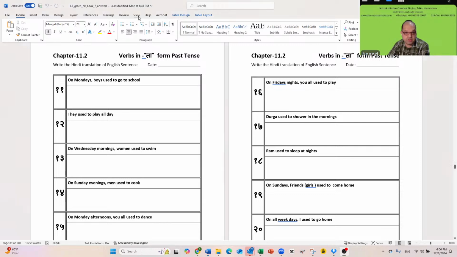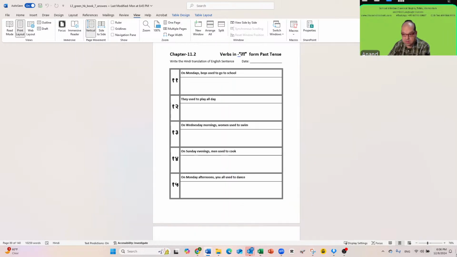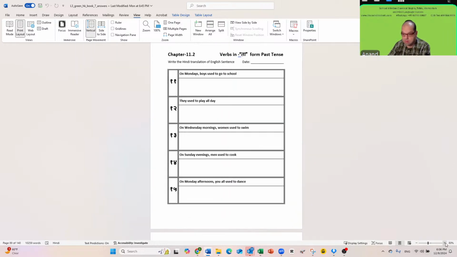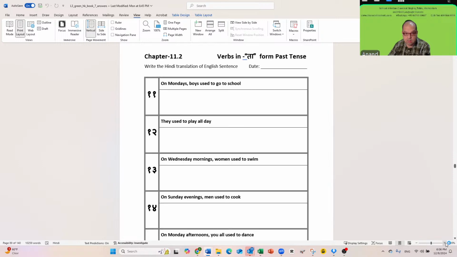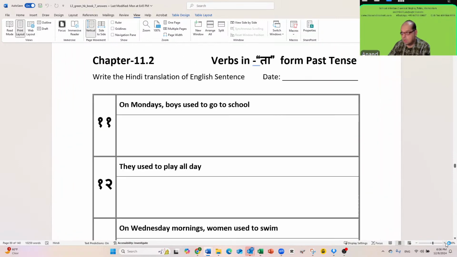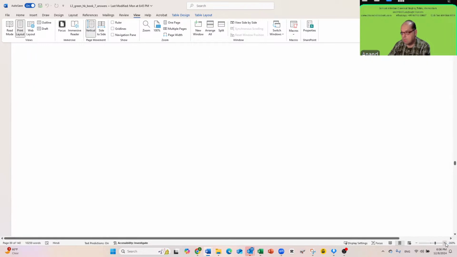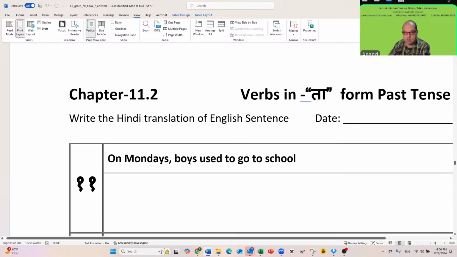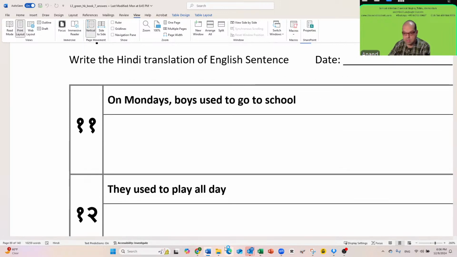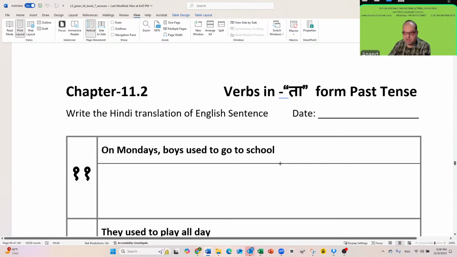So let me show you a larger view of the page. Okay, this became a little too large, I guess. Let's make it a little smaller. Okay, that's better.